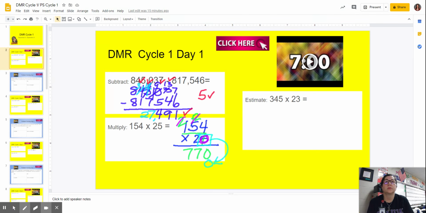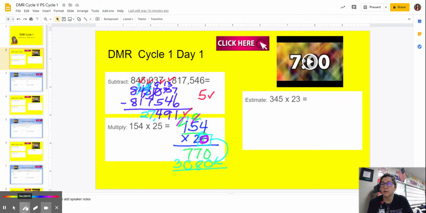Then we're going to multiply 2 times 4, which is 8. 2 times 5, which is 10. So we have to carry our 1, put down our 0. And then 2 times 1, which is 2, plus 1 is 3, for 3,080.